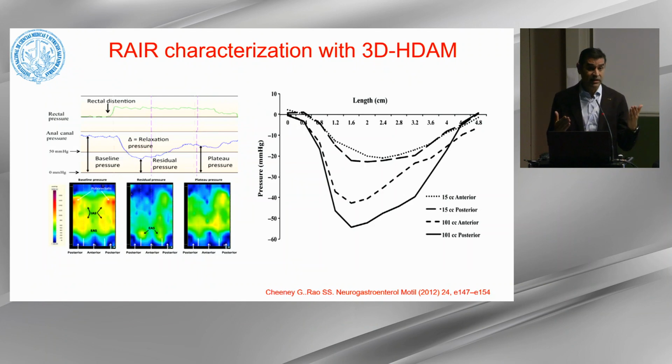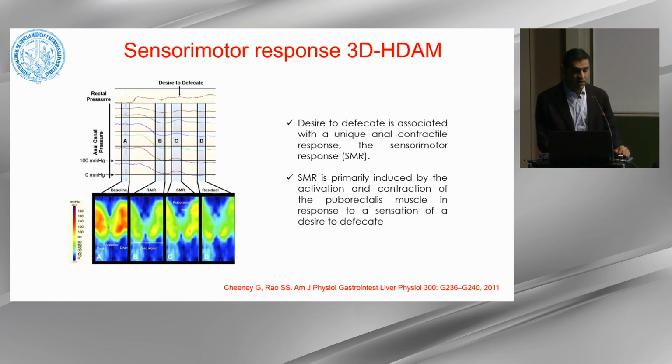But once they inflate the balloon with more volume, you can see that the posterior and the upper part of the anal canal open up in a different way. And it's more profound. So that means that the more important part of the relaxation comes from the puborectalis and the internal anal sphincter.